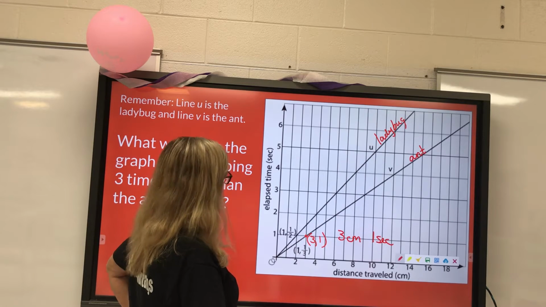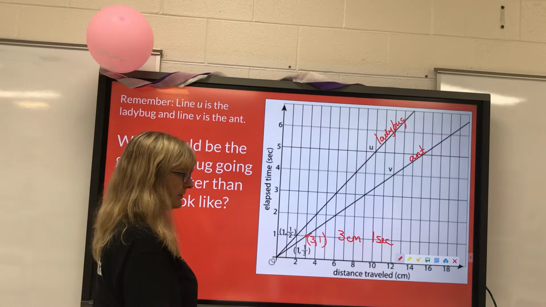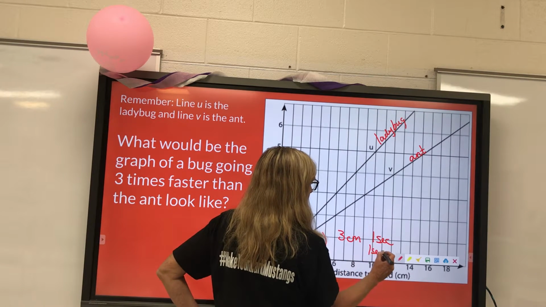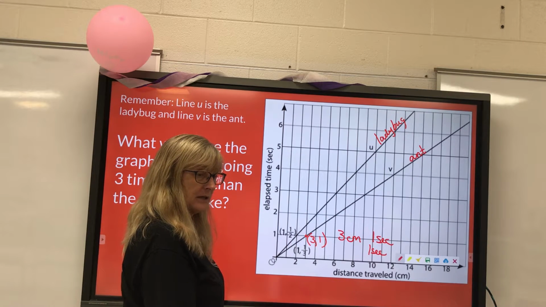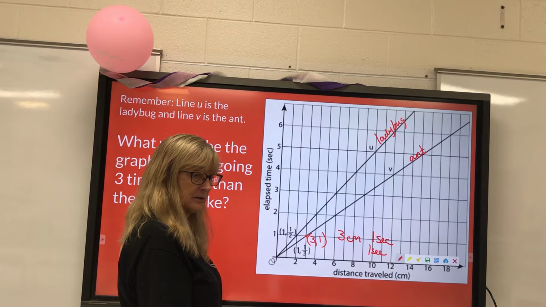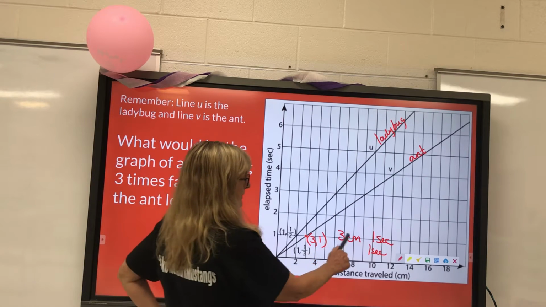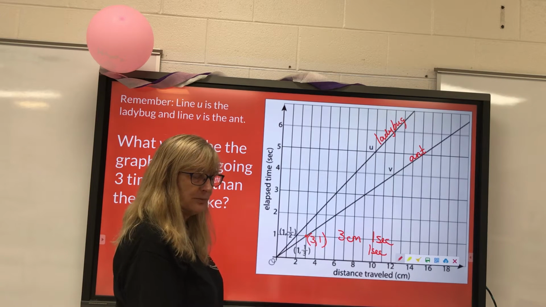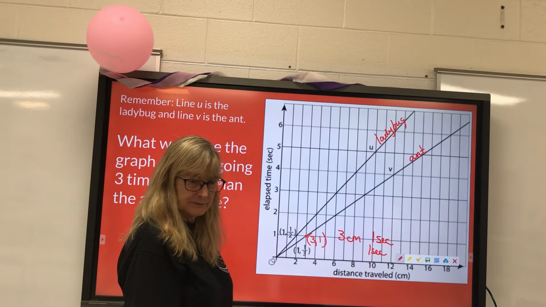Now, we want a bug that is going 3 times faster than the ant. So that means at 1 second, where will that new bug be? 3 times faster. The ant at 1 second is at 3 centimeters. So where would the new bug be if he's going 3 times faster?